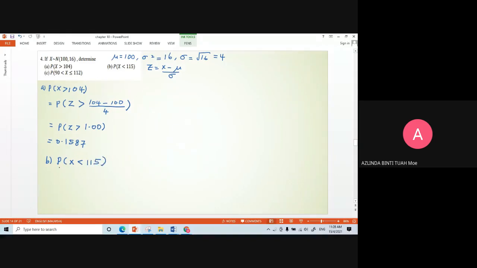Okay, step ketiga tadi terus jump, tukar pergi Z. X tukar pergi Z. Simbol less than. Ni tukar guna formula 115 minus mean over standard deviation. What is the value into 2 decimal places?